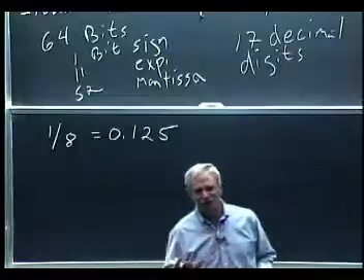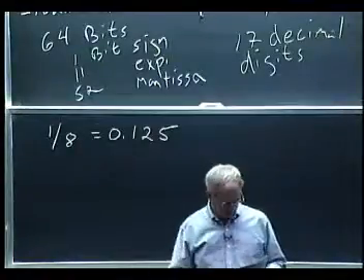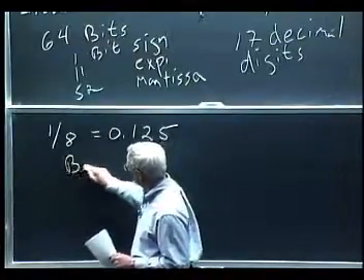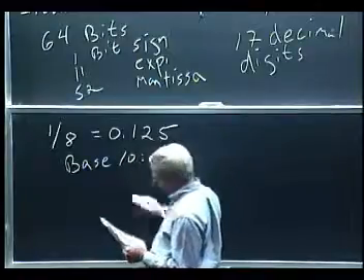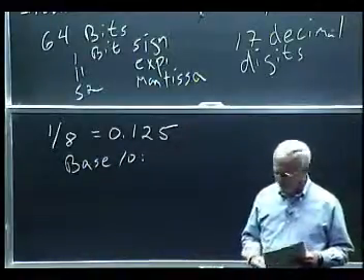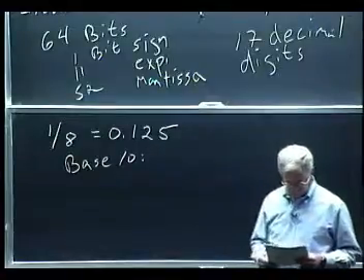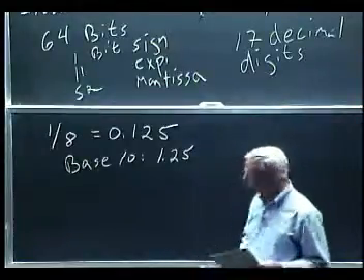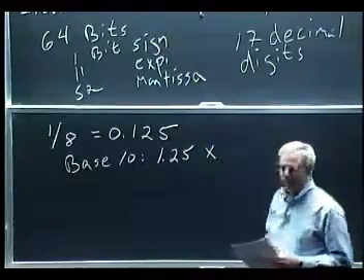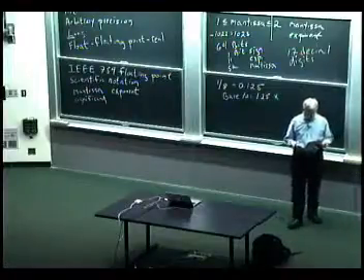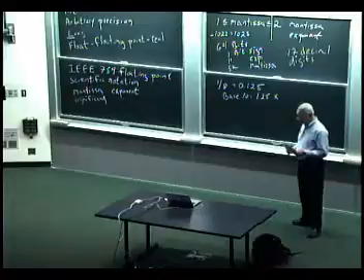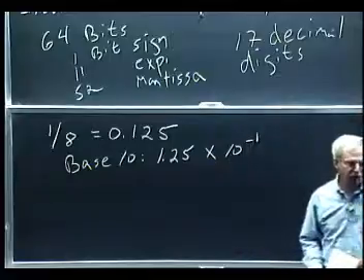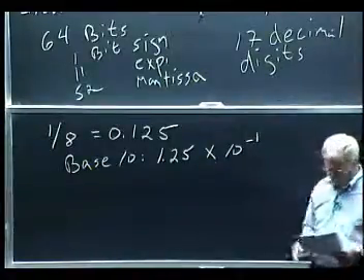And we can represent it conveniently in both base 10 and base 2. So if we want to represent it in base 10, what is that equal to? Well, we'll take a mantissa, 1.25, and now we need to multiply it by something that we can represent nicely. And in fact, that will be times 10 to the minus 1. So the exponent would simply be minus 1, and we have a nice representation.